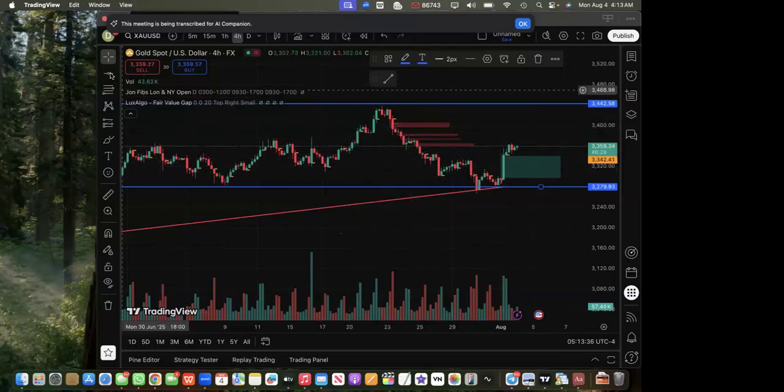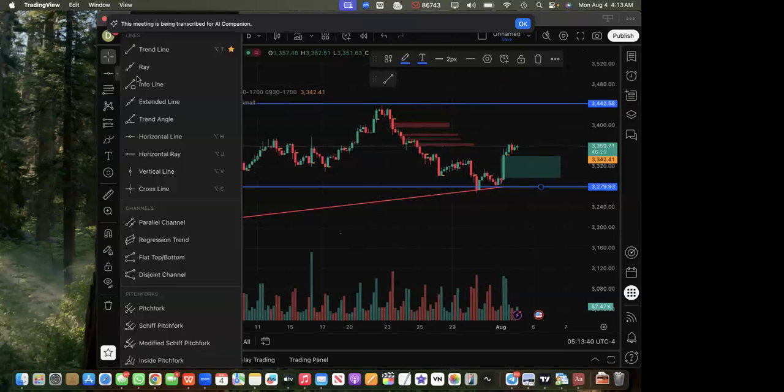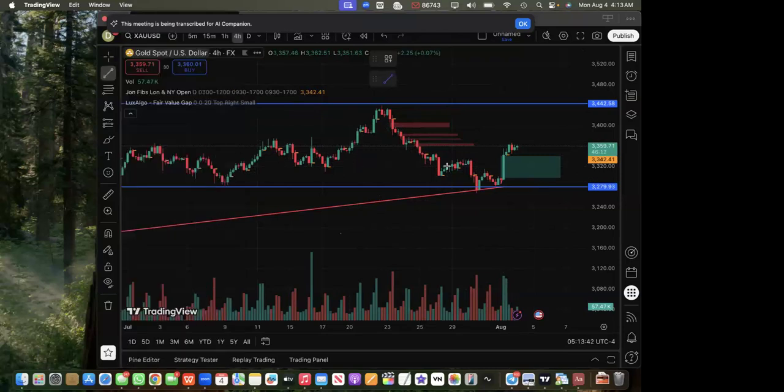And we have several break of structure. So here I want to now start to mark the break of structure. So I'm going to take a trend line. Let me start from, let's just look at this zone here. So we have a break of structure here.